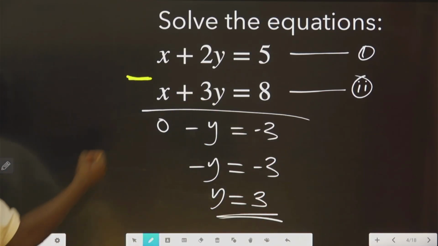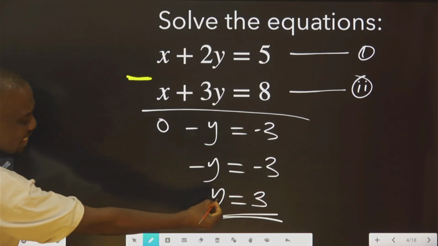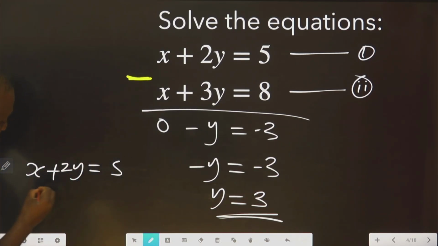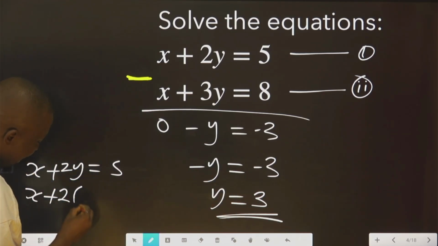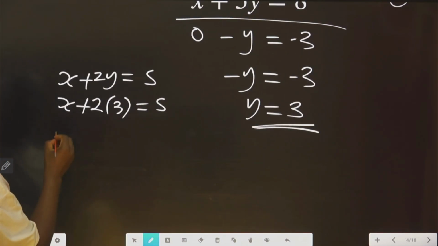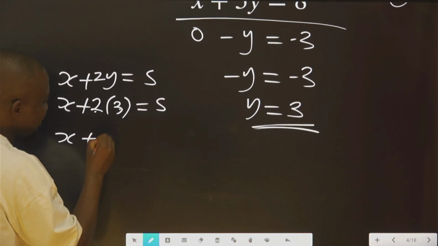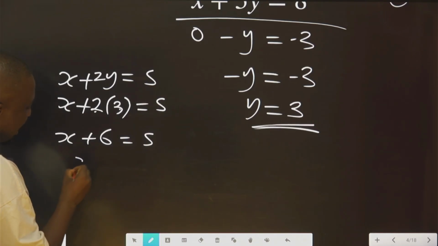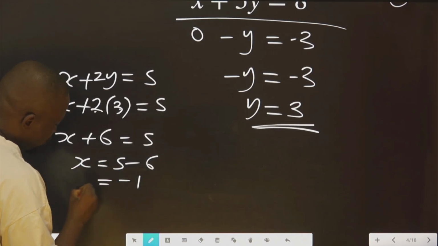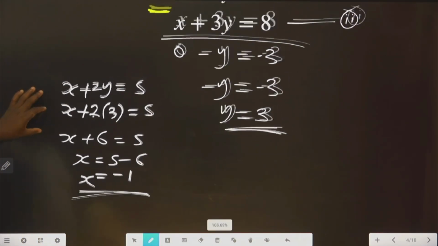So substituting this value in equation 1, that is x plus 2y equals 5. We say x plus 2 times 3 equals 5. This is x plus 6 equals 5. x equals 5 minus 6, which is minus 1. So x therefore is minus 1.